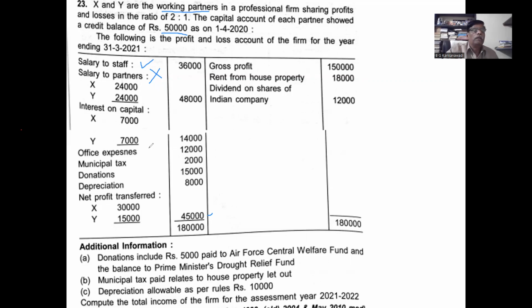Office expense is allowable. Municipal tax, if it is related to business, is allowable. Next, donation is disallowed. Depreciation is allowable.